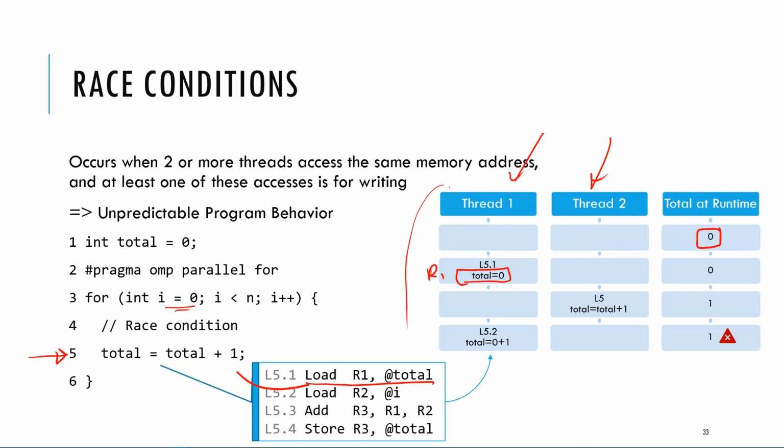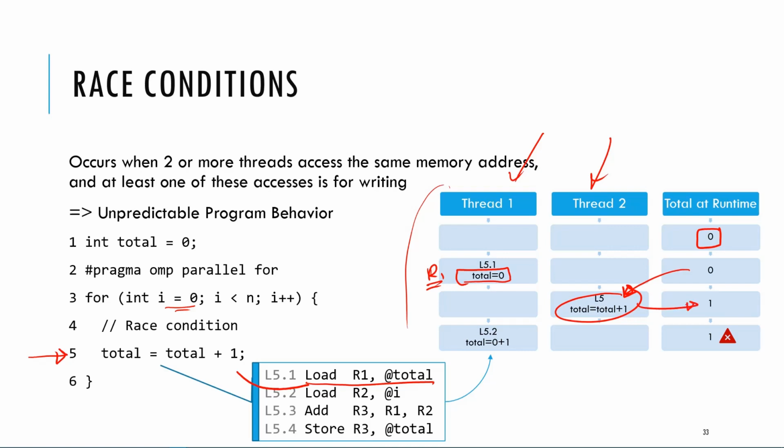Even if it's the same piece of code, you already know that the registers that belong to each thread are different copies. So what about thread number two? If thread number two comes into play and starts executing total equals total plus one, suppose it does the calculation all at once, it would load the same initial value of total, which is zero, and then increase it by one to have one in total.